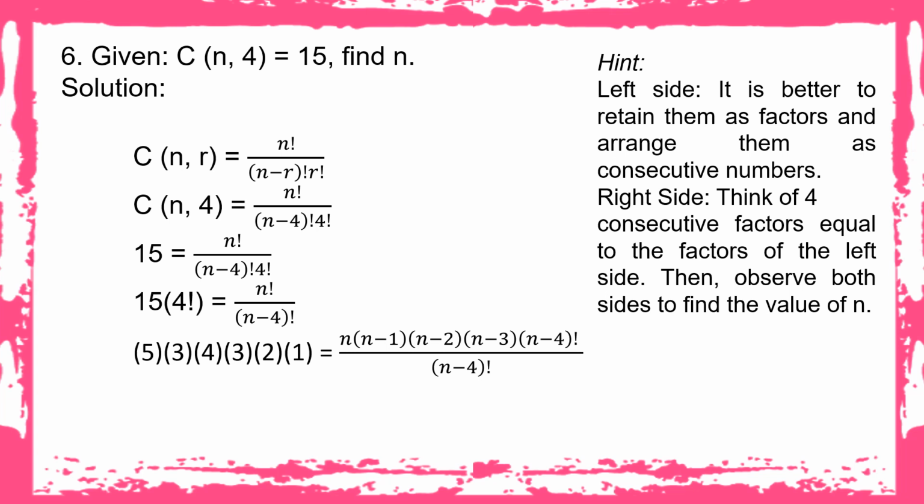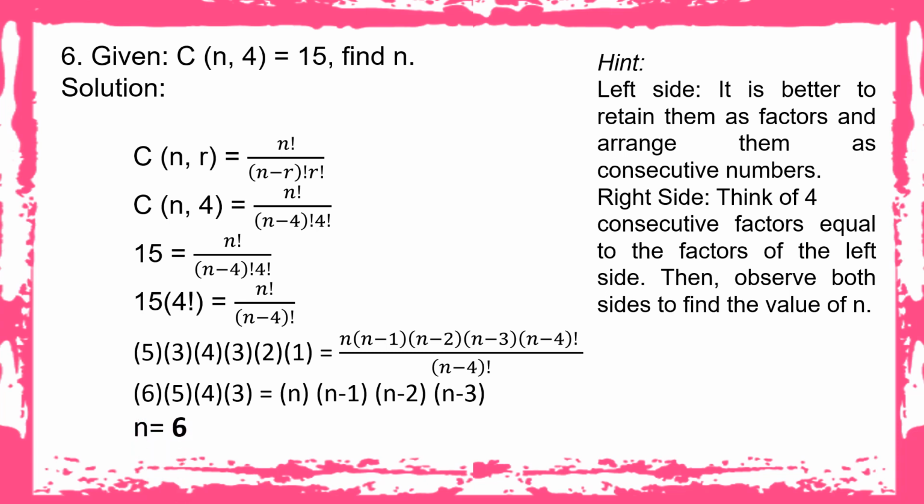So it is 5 times 3 times 4 times 3 times 2 times 1 is equal to n multiplied by n minus 1 multiplied by n minus 2 multiplied by n minus 3 multiplied by n minus 4 factorial over n minus 4 factorial. So the answer is 6 times 5 times 4 times 3 is equal to n multiplied by n minus 1 multiplied by n minus 2 multiplied by n minus 3.